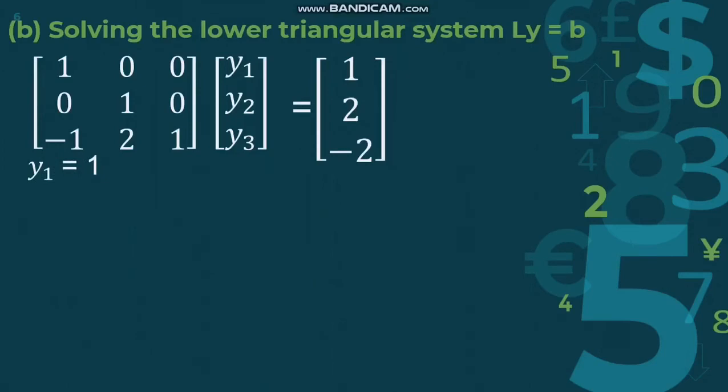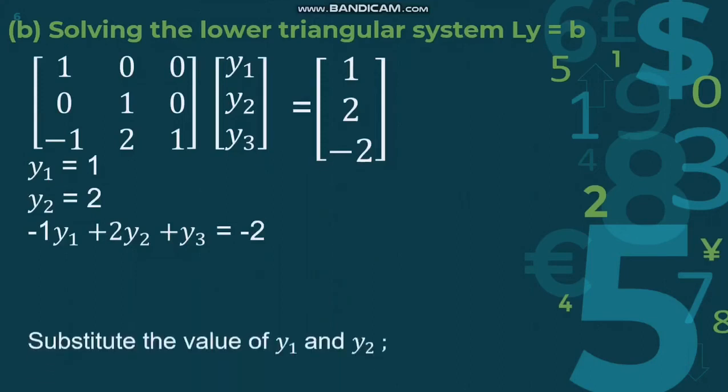So, we get now the value of our y sub 1 is equal to 1. The value of our y sub 2 is equal to 2. And we get a new third equation, and that is negative y sub 1 plus 2y sub 2 plus y sub 3 is equal to negative 2.